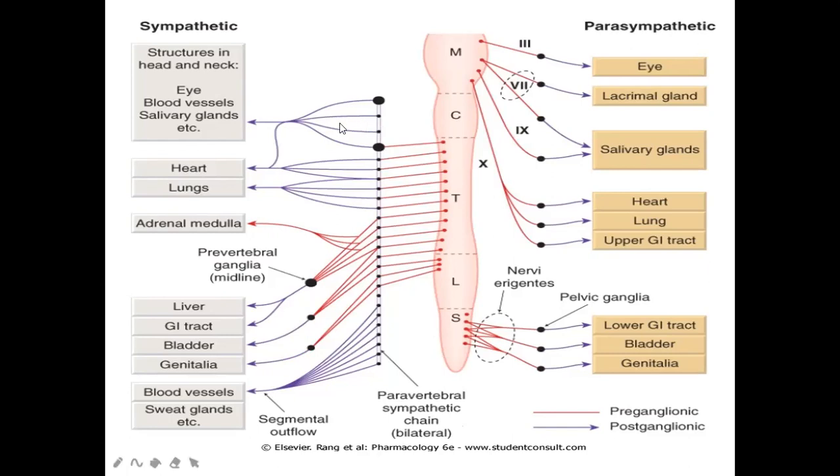This sympathetic nervous system also supplies the structures of the head and neck, the eye, the blood vessels, the salivary glands, etc. It also supplies the heart, the lungs, the adrenal medulla, and the prevertebral ganglion. It will supply the liver, the GIT, the bladder, the genitalia, the blood vessels, the sweat glands, etc.